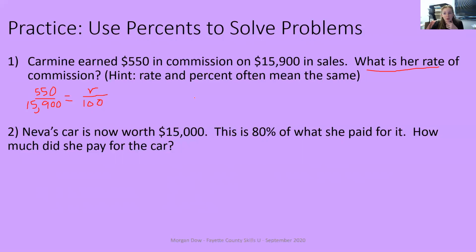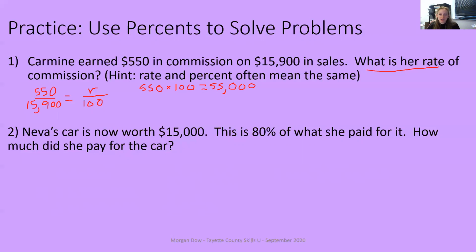Okay, so we've set up our proportion and now we can solve it just like we practiced at the beginning of the lesson. So I'm going to cross multiply 550 times 100. And that will give me 55,000. So I know that for this proportion, the cross products are 55,000.